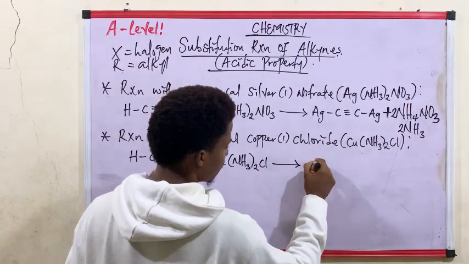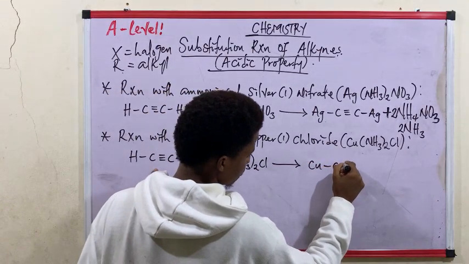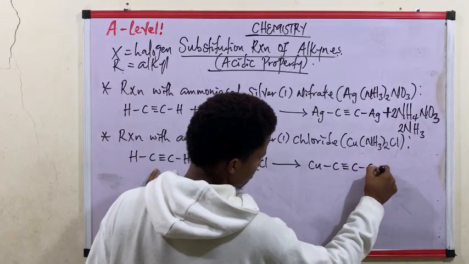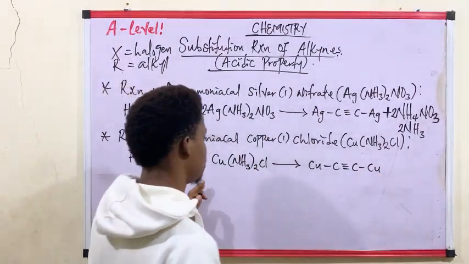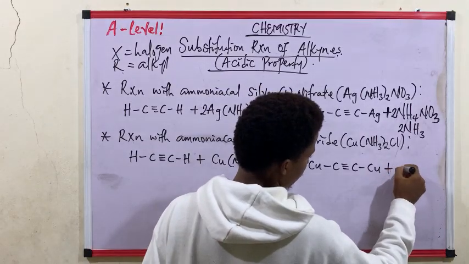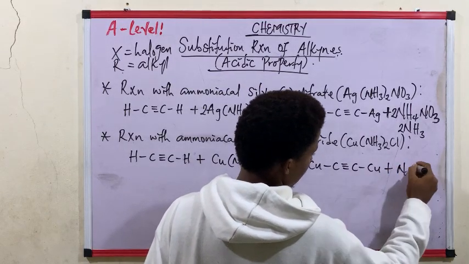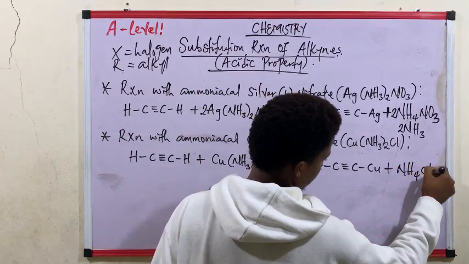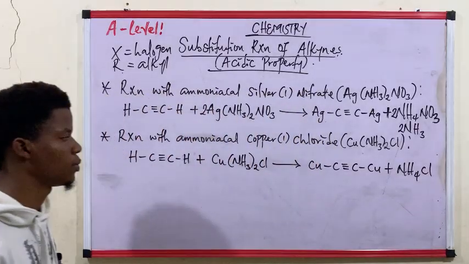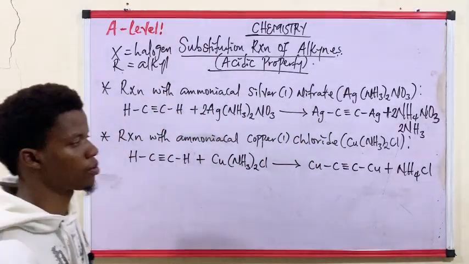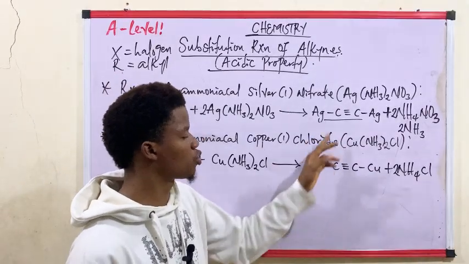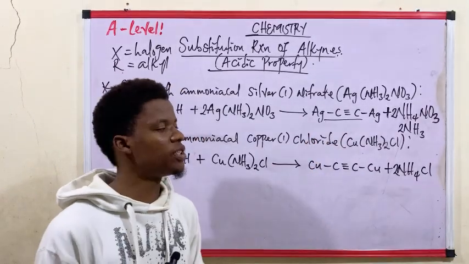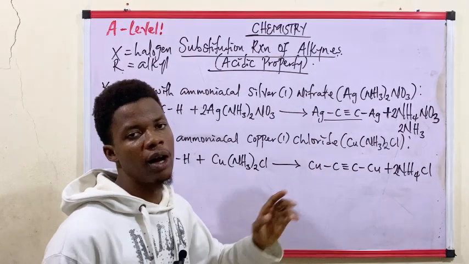So in this reaction, let's replace both acidic hydrogens. So we're going to have the two hydrogens replaced, and our product is going to be this. All right, for these two, one thing you need to know is that both are unstable.